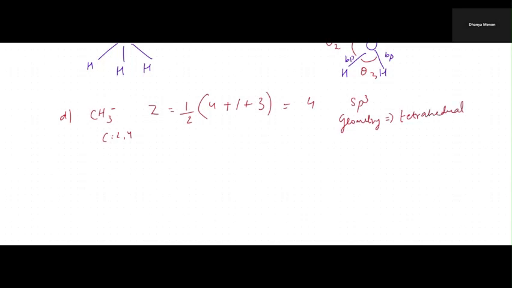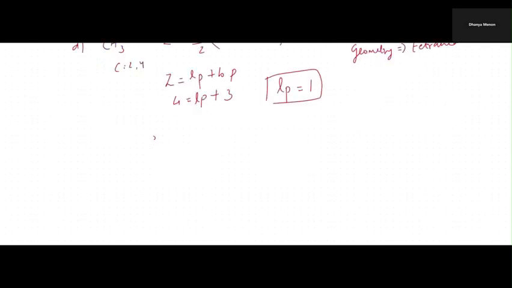Okay, Z is equal to lone pair plus bond pair. 4 is equal to, I don't know how many lone pairs are there, but I know that carbon is connected to 3 hydrogens, so 3 bond pairs. So lone pair is equal to 1. Okay, so shape is not same as geometry. So I have carbon, so it's like ammonia. 1 lone pair is there and 3 bond pairs are there.